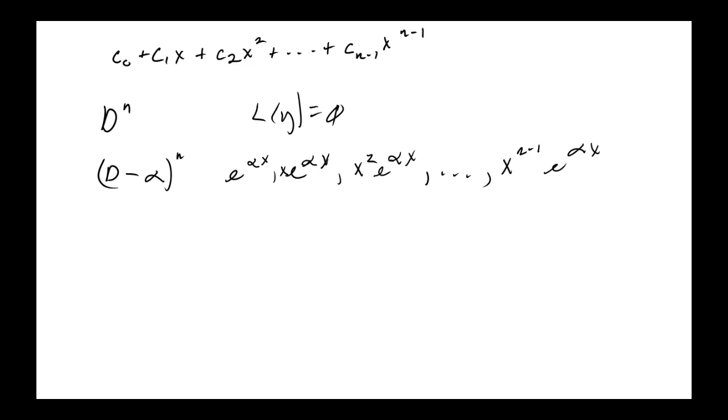Okay? Now, I don't know if you find that intuitively obvious. I don't. Okay? But I think if you played around with it a little bit, let's just take D minus alpha to the first power and operate on that first function. Okay? Well, the derivative of e to the alpha x would be e to the alpha x times alpha.